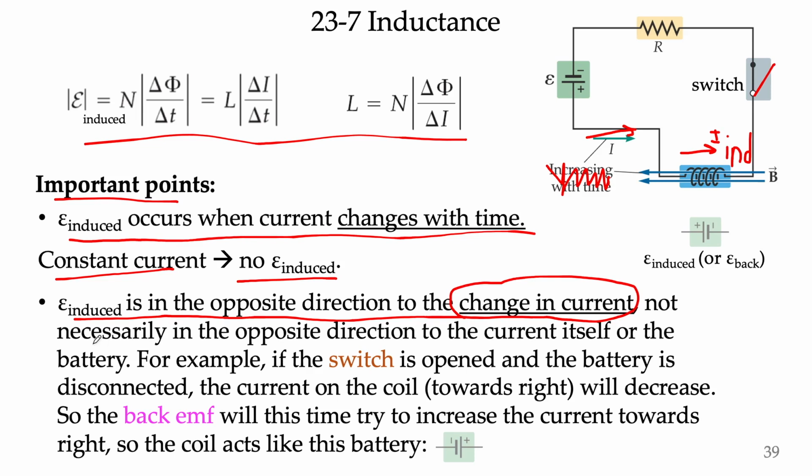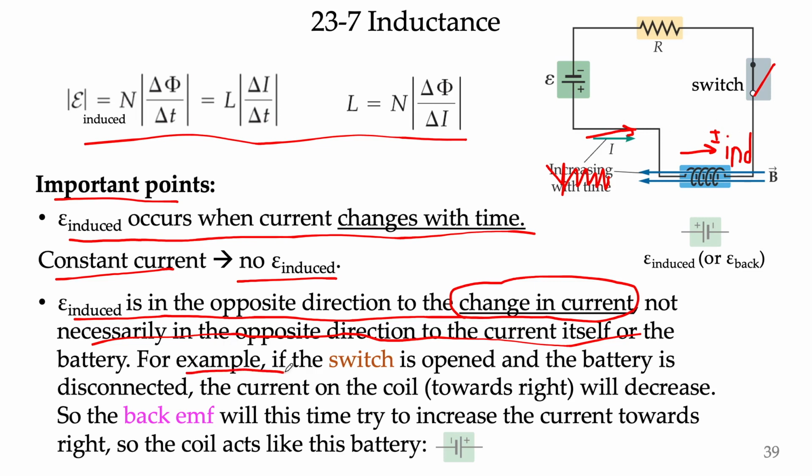Not necessarily is the induced current in the opposite direction. In fact, the induced current and the current in the wire are in the same direction. Of course, the total current will be this plus this, because they're in the same direction, so you would add them up.